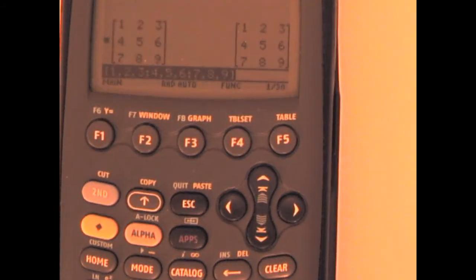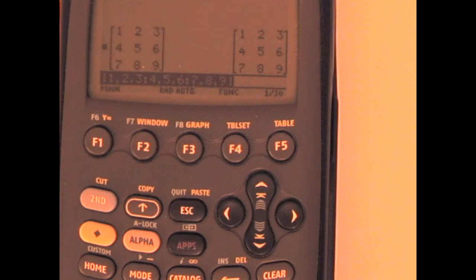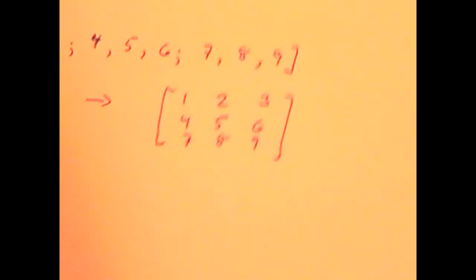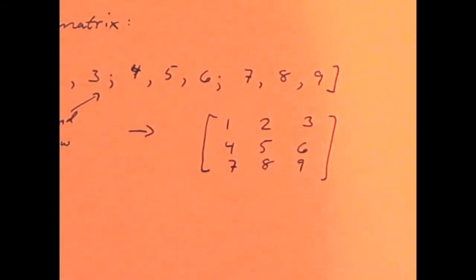You'll notice that has entered the matrix into the calculator. However, it has not actually done anything to the matrix. If you want to actually do things to the matrix, then you'll have to find the place where you can do math on these matrices. So here's how to do that.